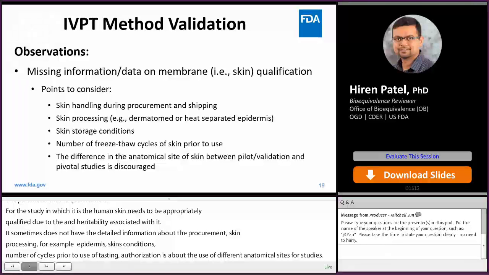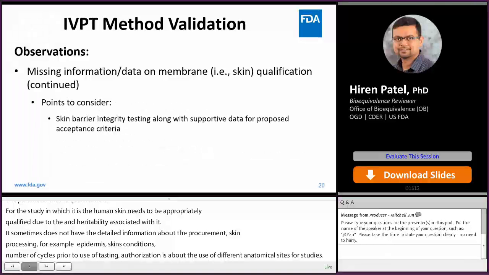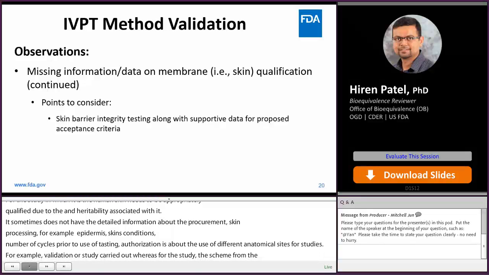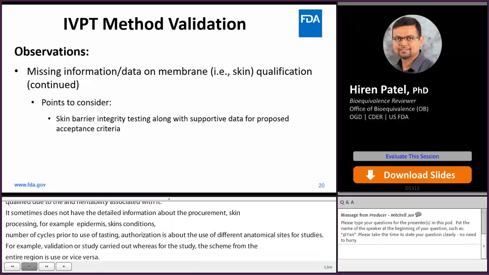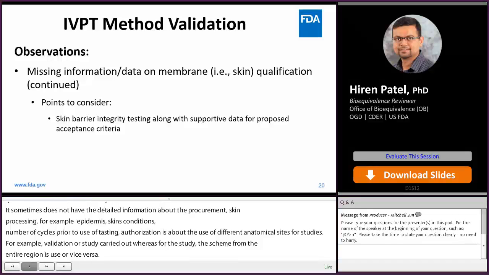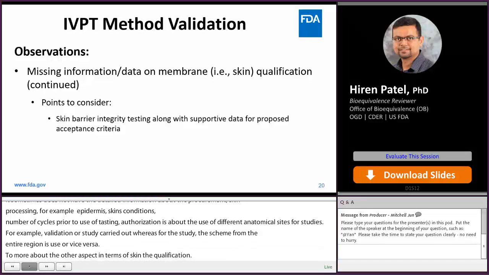To add more about another aspect of skin qualification, I would like to note that there are instances where the data are not sufficient to support the proposed acceptance criteria for skin barrier integrity testing along with the detailed procedure. In general, the acceptance criteria should be derived in such a way that they differentiate intact versus impaired skin.